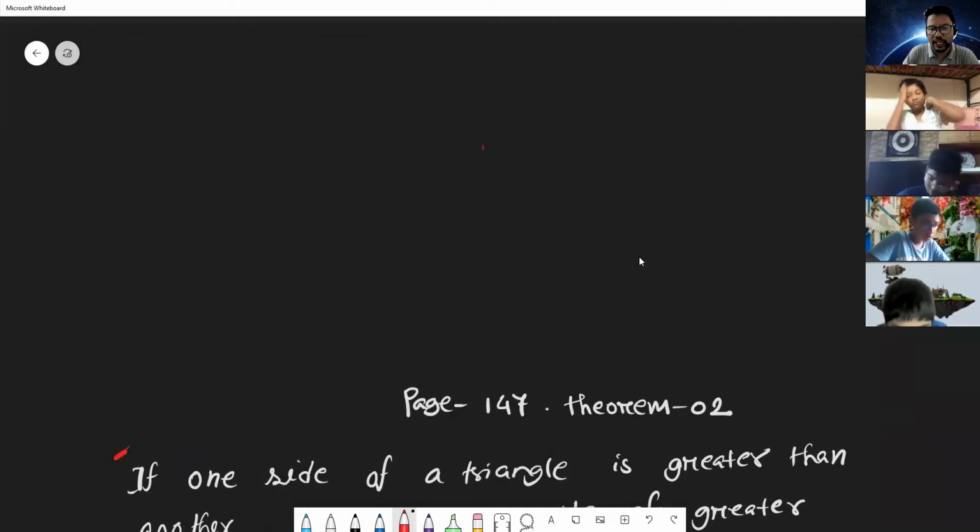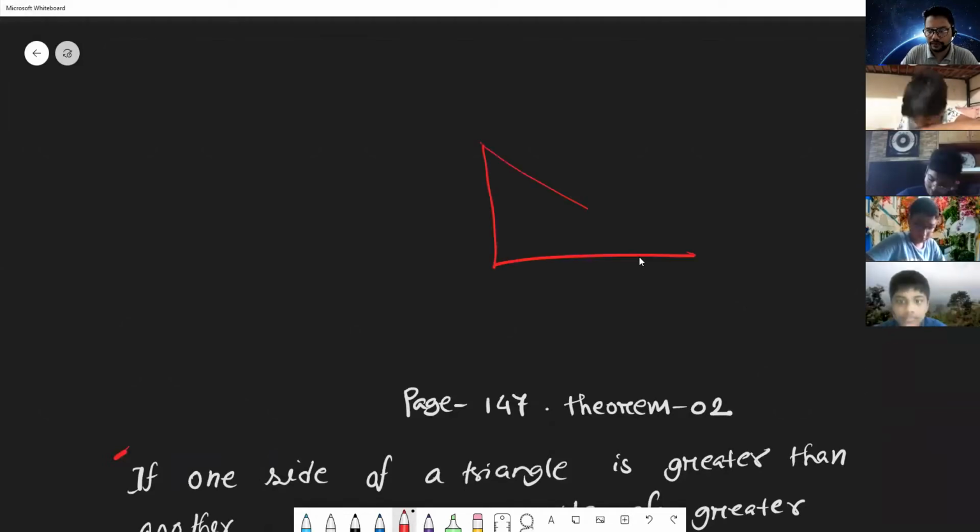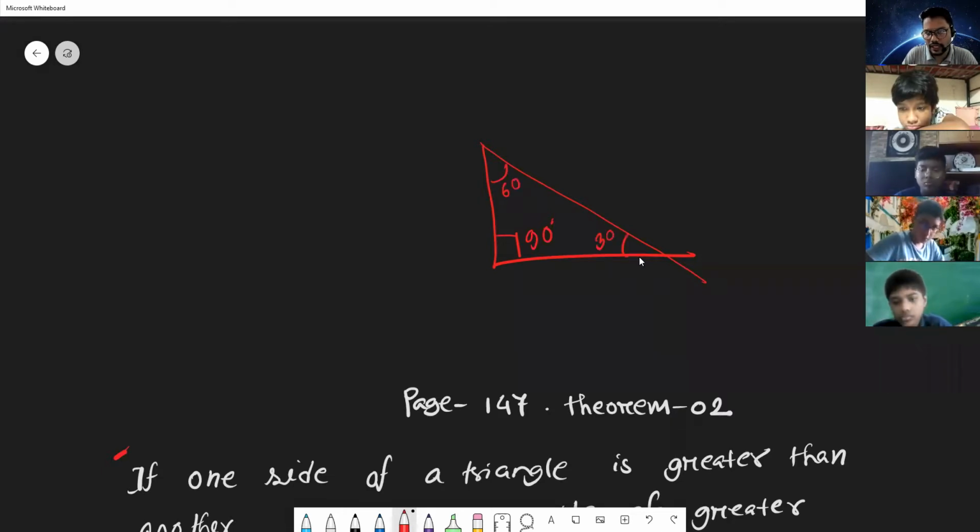Suppose we draw any kind of triangle here, where this angle is 90 degrees, this angle is 60 degrees, this angle is 30 degrees.